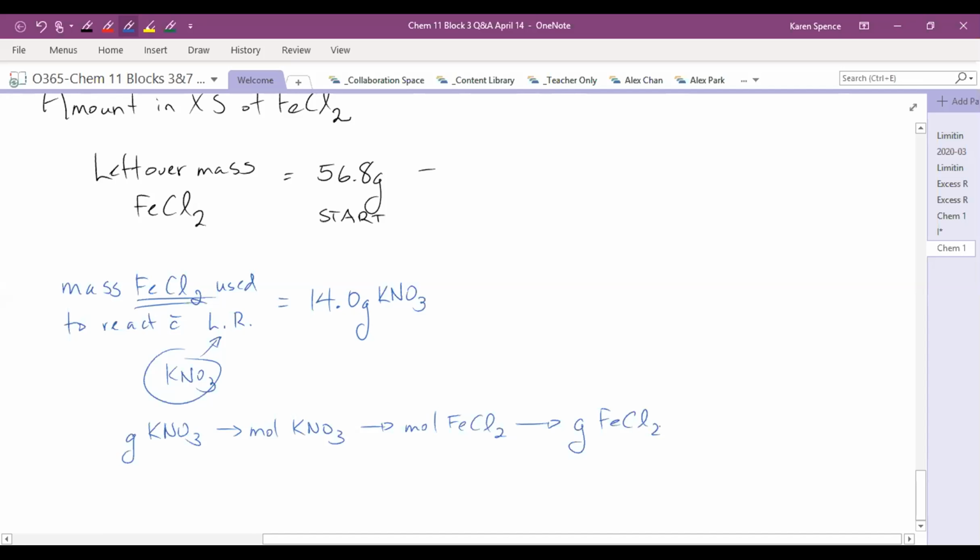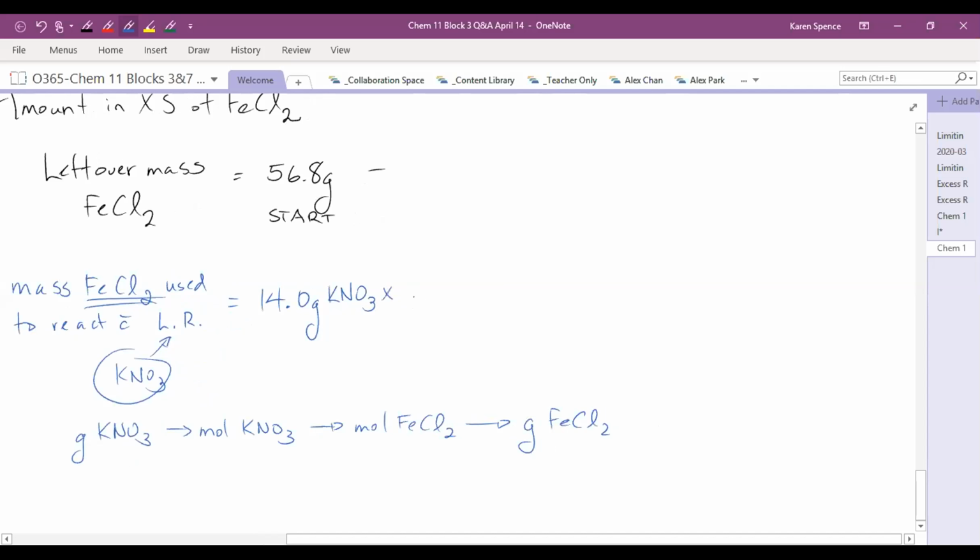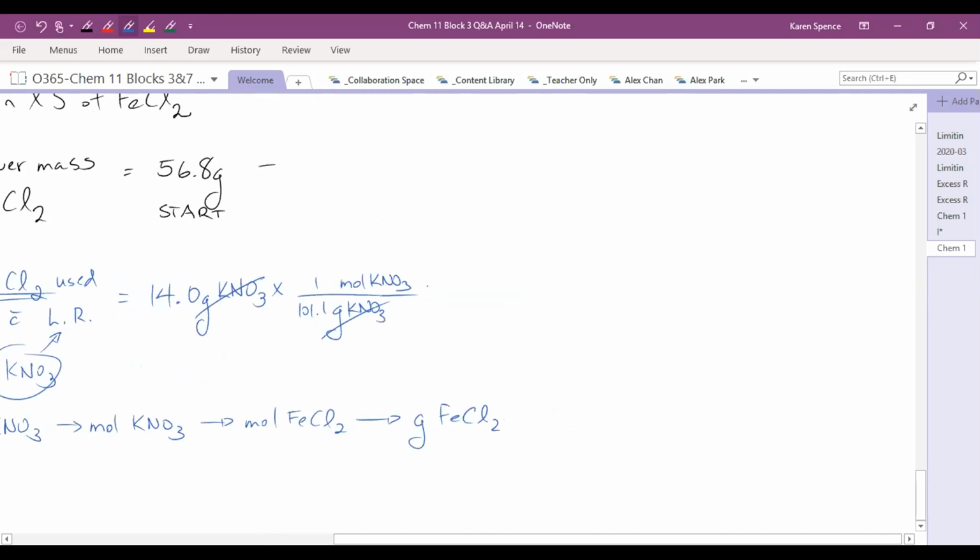Whew. Okay, 14 grams of KNO3 times, let's cancel grams KNO3, and find moles KNO3. Molar mass is 101.1. Okay, now we need to do our mole ratio conversion from our balanced equation. Moles KNO3, we're converting it into moles of FeCl2.